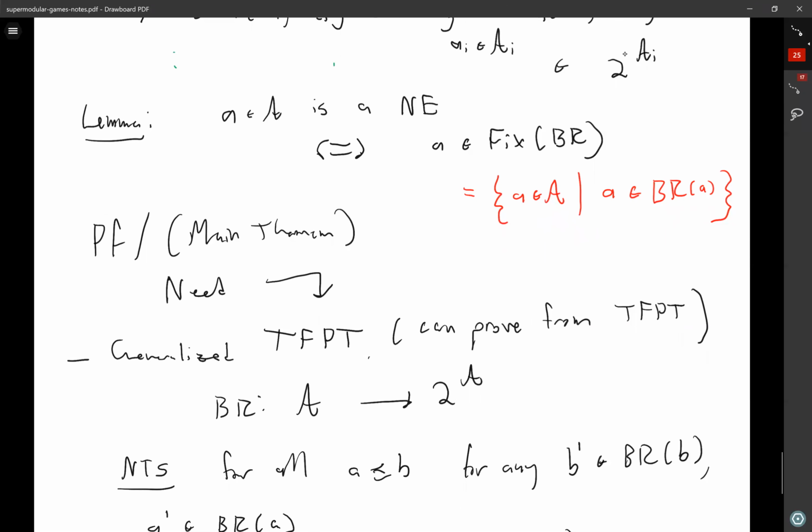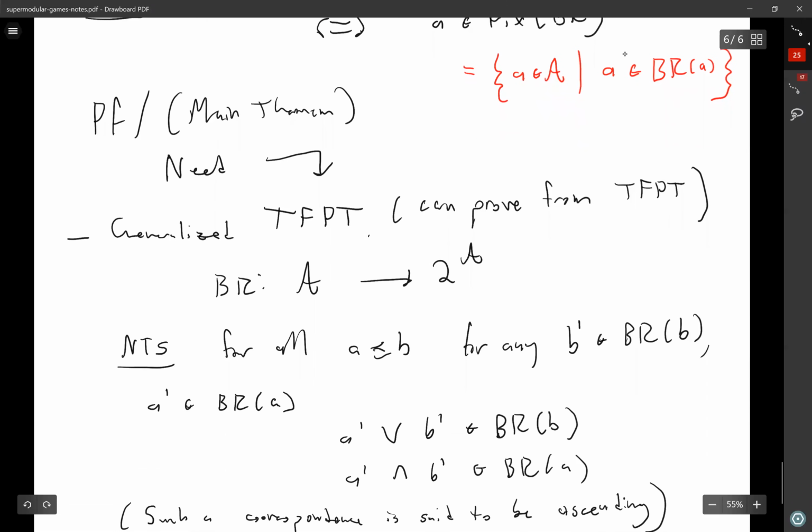So just a sketch of the proof of the main theorem. What you need is actually a generalized version of the Tarski fixed point theorem for maps like this.